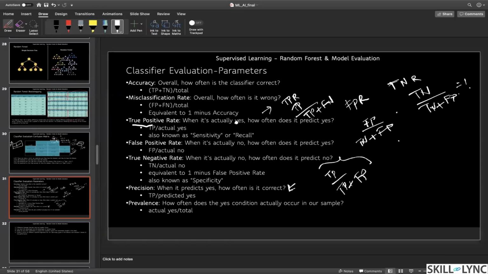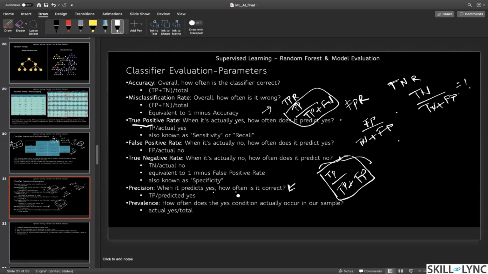When it is actually yes, how often does it predict yes? Here in precision, when you have predicted yes, how often is your prediction correct? Those are two different things, no? So whenever I do fraudulent projects or engineering projects, I generally look at precision values also.